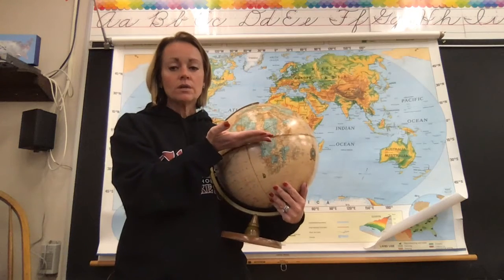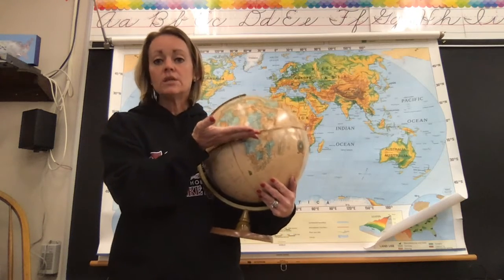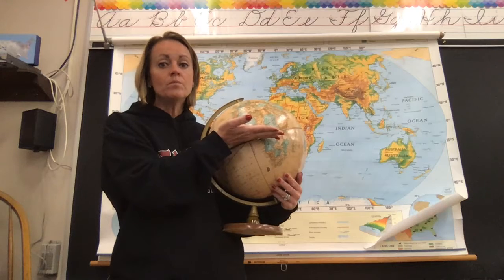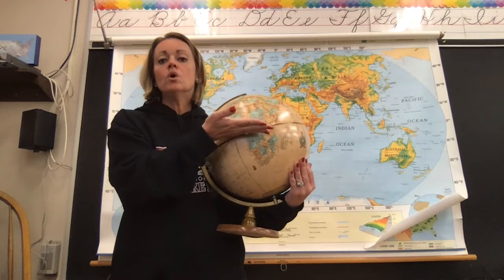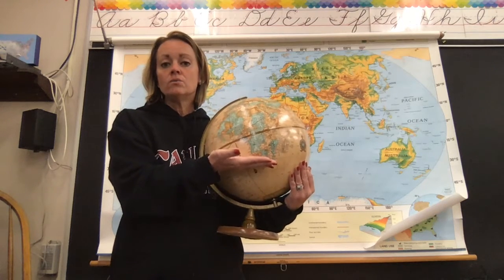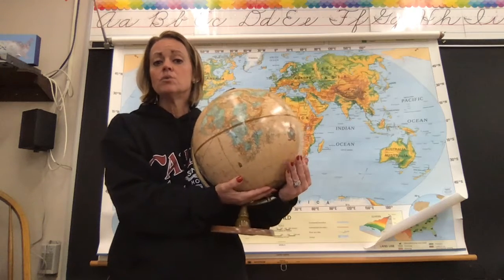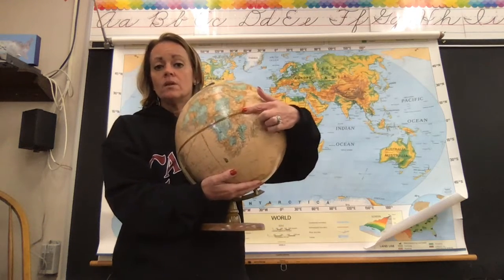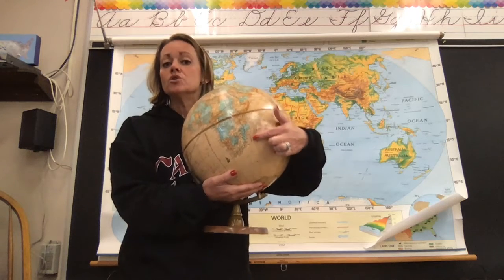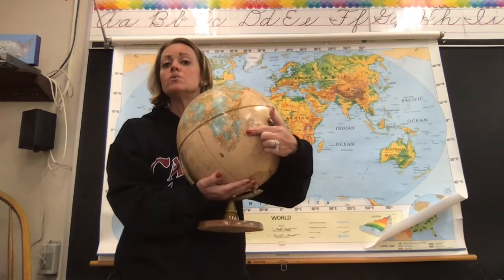If we start at our equator, which is our 0 degrees latitude, we are going to go down, south, to 10 degrees south, 20 degrees south latitude.